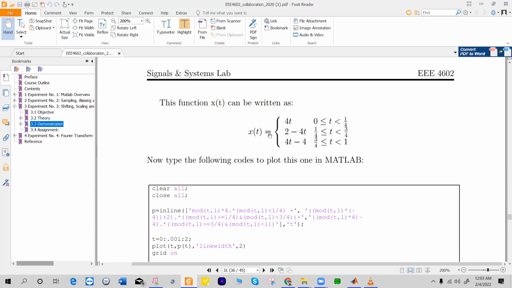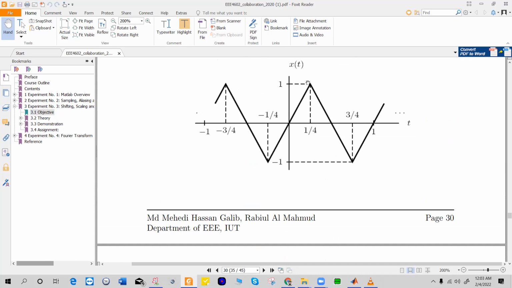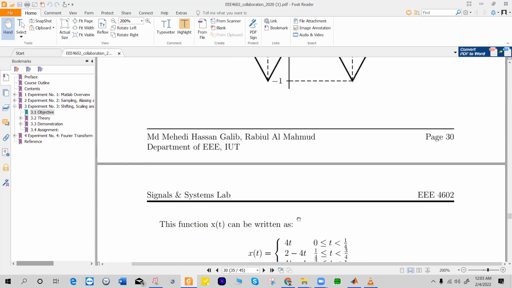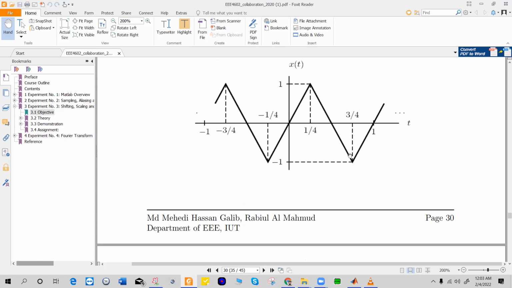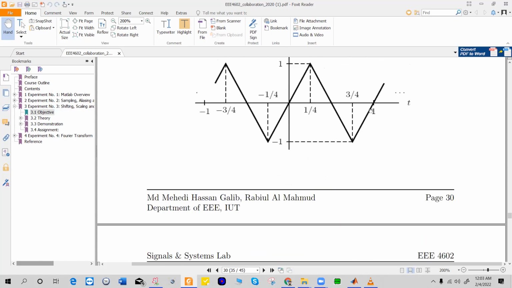So this is the equation: x of t equals 4t for 0 to 0.25. Then from 0.25 to 0.75, it is 2 minus 4t. And from 0.75 to 1, it is, if I'm not wrong, 4t minus 4.